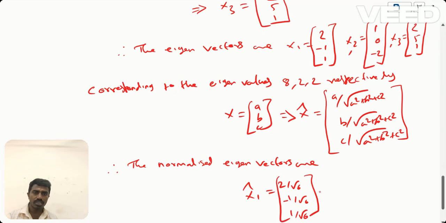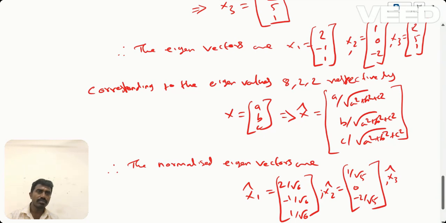Similarly, find x2 cap. x2 cap equal to 1 by root 5, 0, minus 2 by root 5. Similarly, find x3 cap, which is 2 by root of 2 square plus 5 square plus 1 square, 4 plus 25 plus 1 is 30. So 2 by root 30, 5 by root 30 and 1 by root 30.